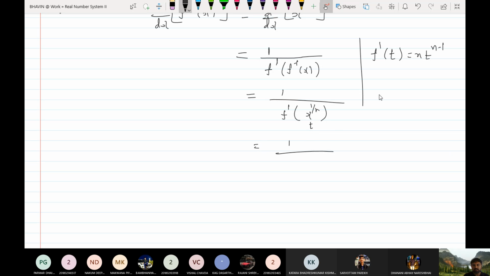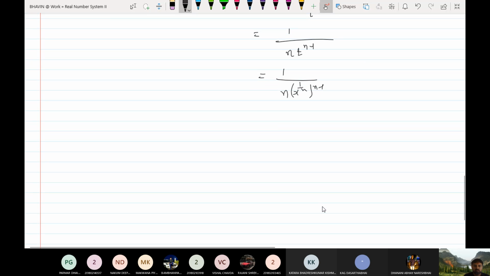So I should write here n t raised to n minus 1, where t is nothing but x raised to 1 upon n. So this is equal to 1 by n, x raised to n minus 1 upon n. This is n by n, that is 1 minus 1 upon n.